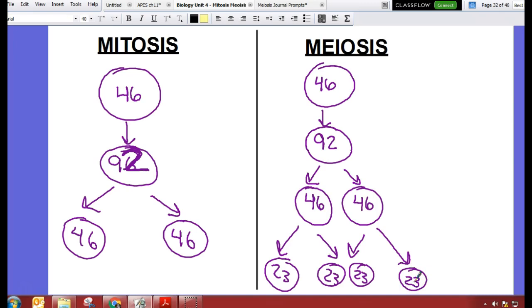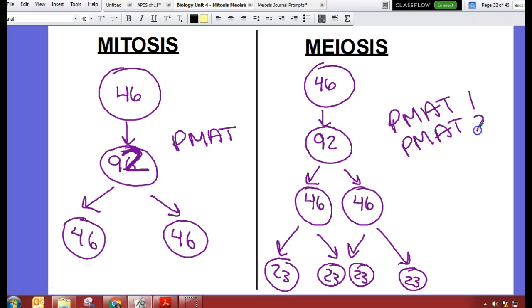So as you guys heard, in mitosis we have PMAT, and in meiosis we have PMAT1 and PMAT2 because it divides twice.